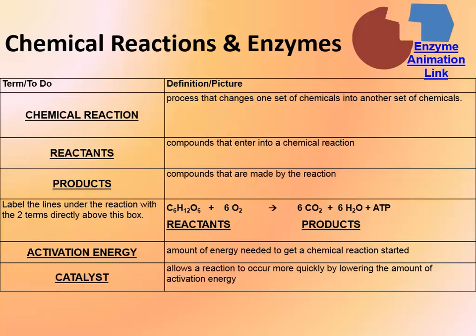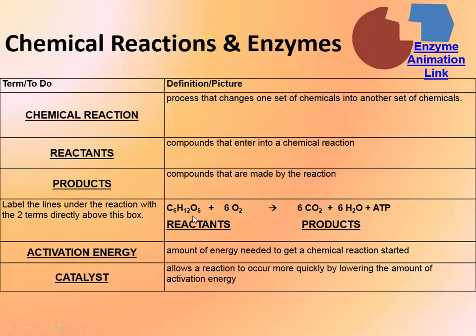Then you have a catalyst. Now a catalyst is going to be anything that allows a reaction to occur more quickly by lowering the amount of activation energy. So let's say I was doing this chemical reaction here, and I needed something to break the glucose.